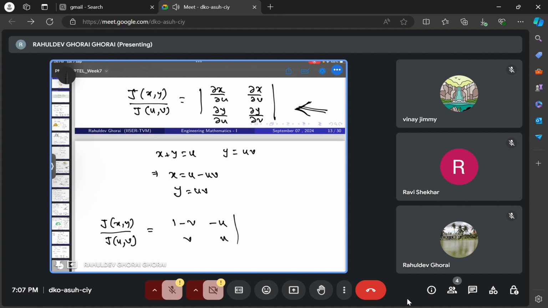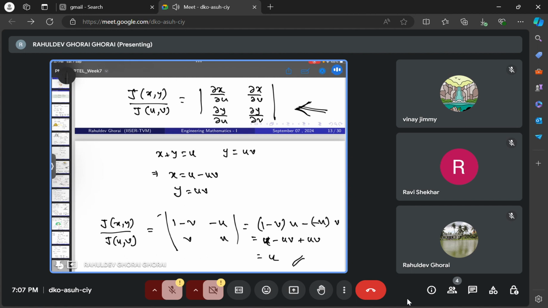The determinant of this is (1 minus v) times u minus (minus u) times v, that is u minus uv plus uv, which is equal to u.